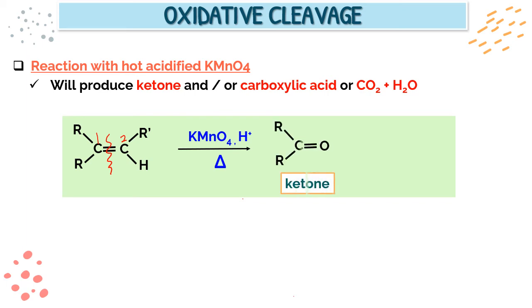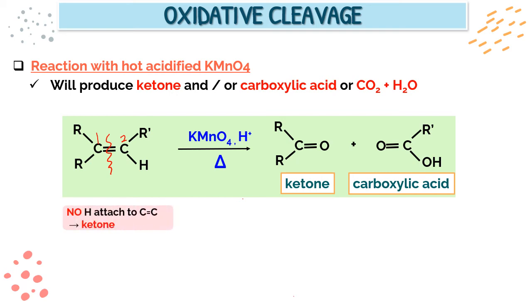The product that you might get is a ketone and also a carboxylic acid. Why do we get a carboxylic acid over here? If there's no hydrogen attached to the carbon-carbon double bond, automatically you will get a ketone. At the site where the bond breaks, we will introduce carbon double bond O. That carbonyl has two alkyl groups, in between two alkyl groups, so it's a ketone.